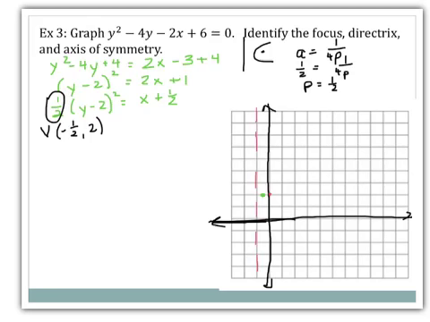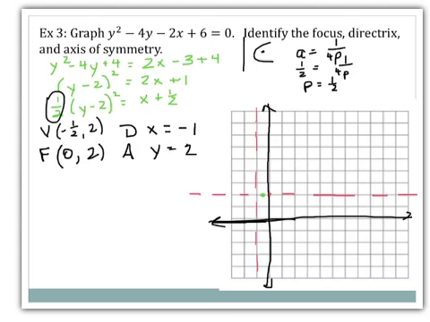So focus moved to the right, so that means my coordinate is now 0, and it's still up at 2. My directrix is a vertical line, so it is x equals -1. And my axis of symmetry goes through the vertex, perpendicular to the directrix, and it is a horizontal line at 2.